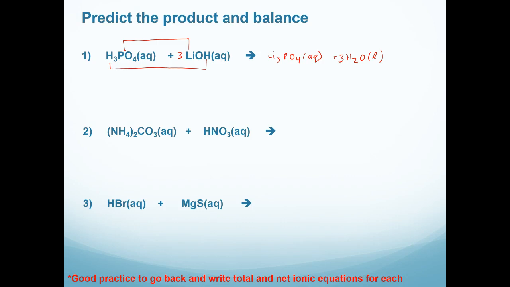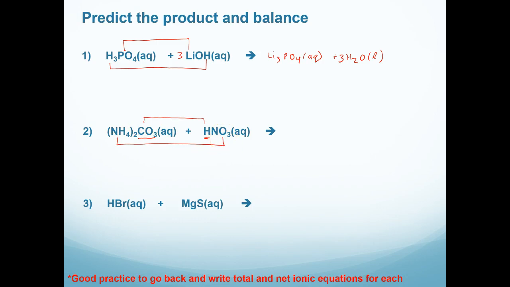I have an ammonium carbonate and I have an acid. All right, so I have a carbonate and I have an acid, which tells me this is one of my gas forming reactions. So again, we have the H pairing up with the carbonate, we have the ammonium pairing up with the nitrate.